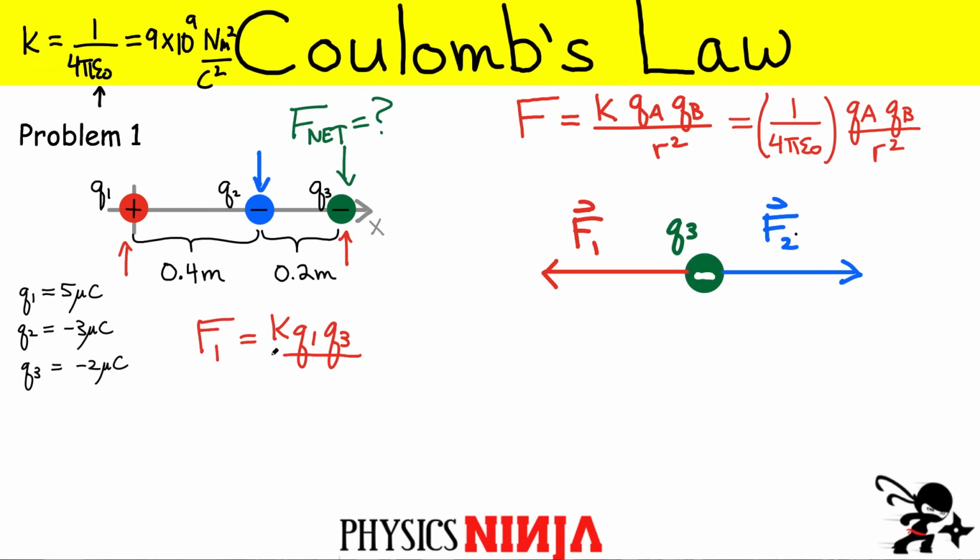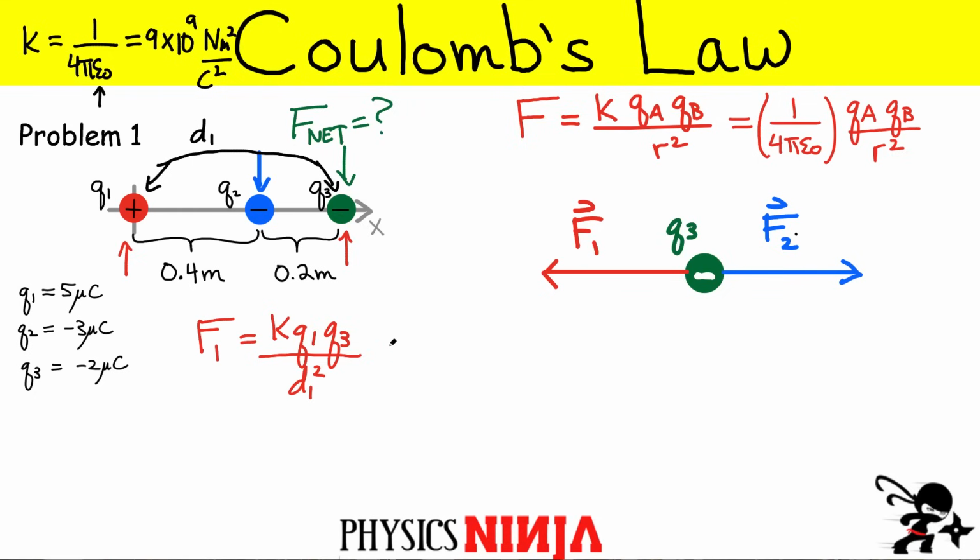And now it's divided by R squared, and R squared is the distance between both of those charges. If I look on the figure here, it would be the distance between this guy and Q3. So let's call this distance D1. So I have D1 squared in Coulomb's law.